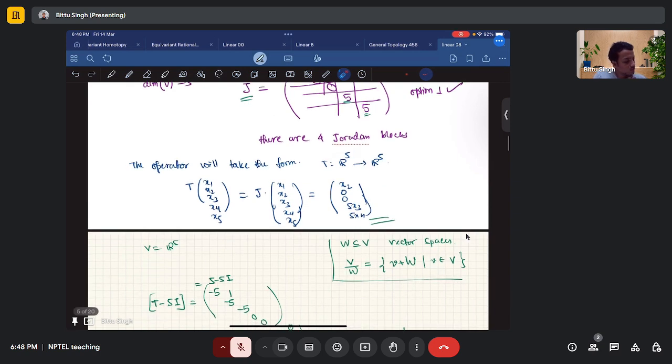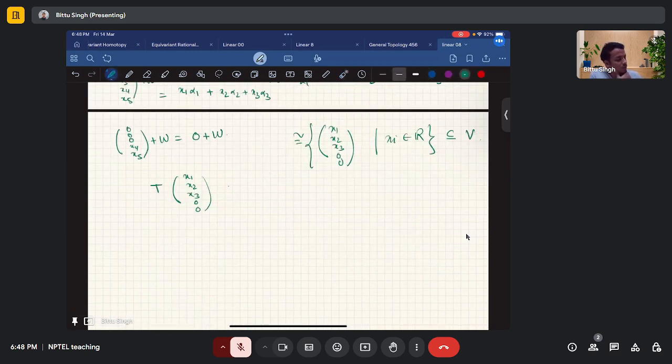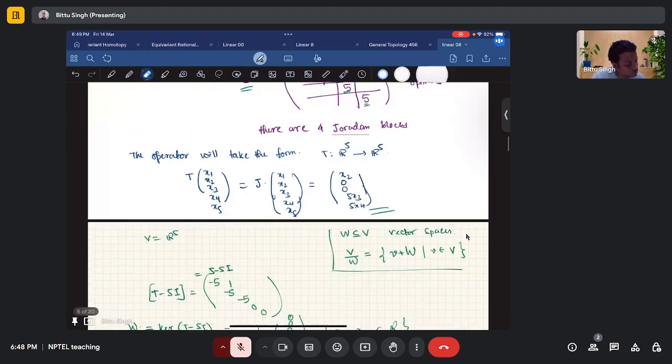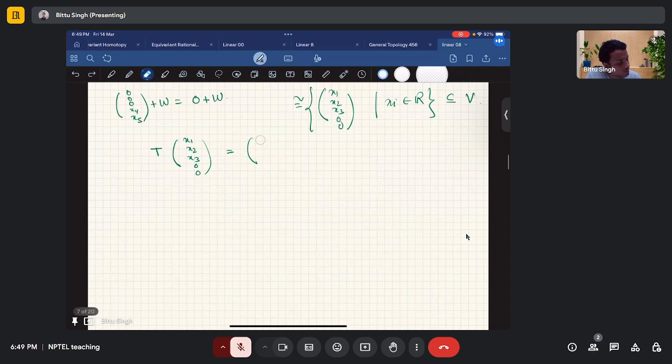Since we have taken x4, x5, those are actually 0, so there will be zeros and only x2 will survive. So it will take this form. Sorry, there is only a single x2, is it? Yes. So we may write it as x2, 0, 0.